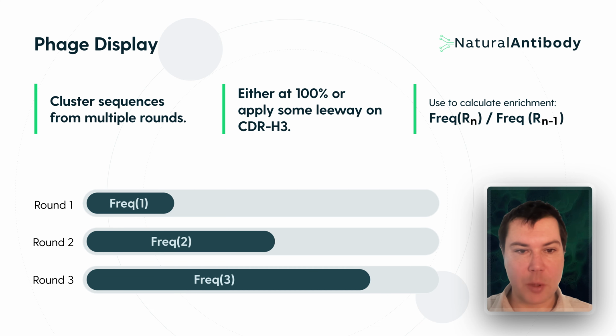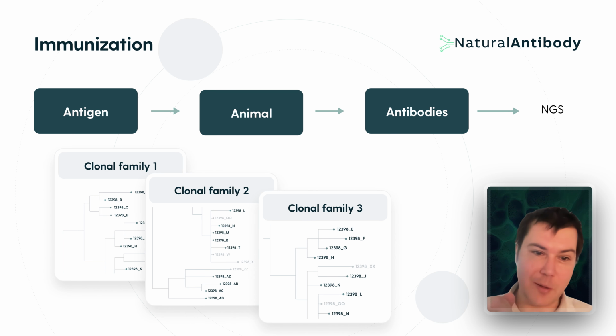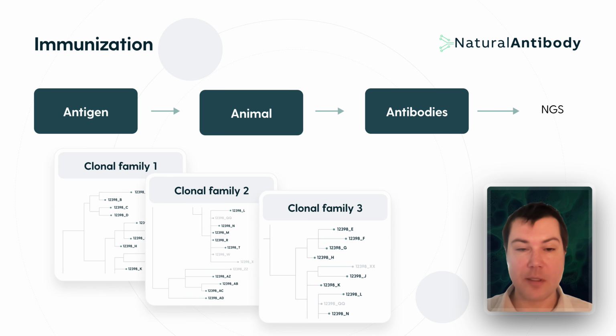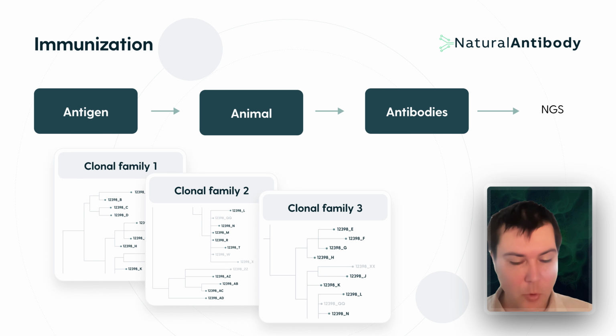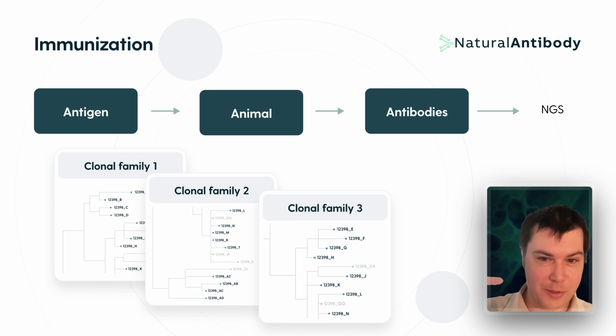Then to antibody immunization. So here you start with an antigen, you inject the animal with said antigen, and then all the vertebrates are going to do what we usually do, which is develop a lot of antibodies against said antigen. So then you collect cells that are producing antibodies that should be specific for said antigen, such as plasma cells, and you then try to capture the biology of it.